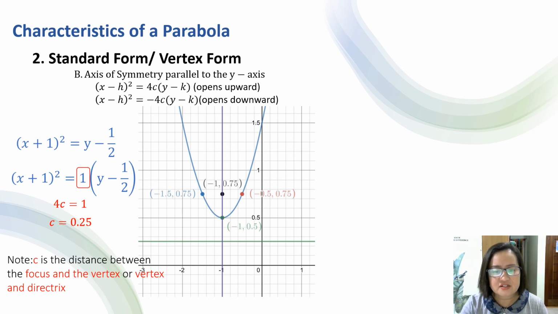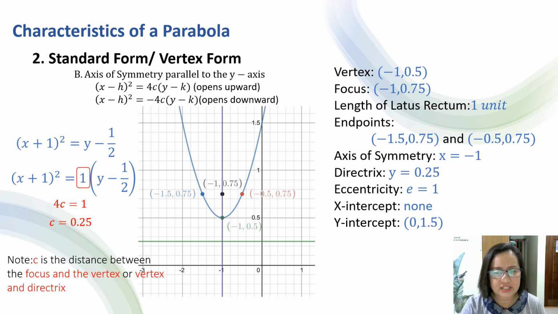To get the coordinates of the focus, we add the value of c to the ordinate of the vertex. Thus, we will get (−1, 0.75) as the coordinates of the focus.